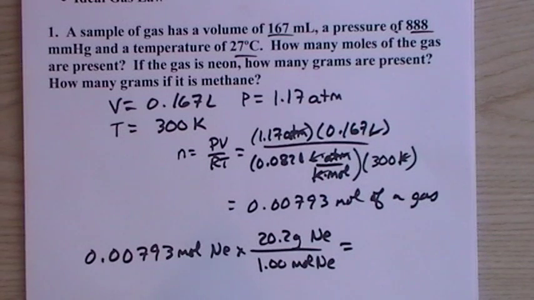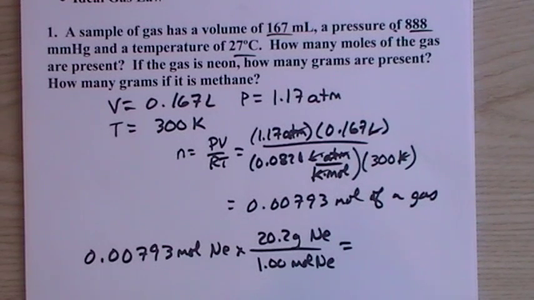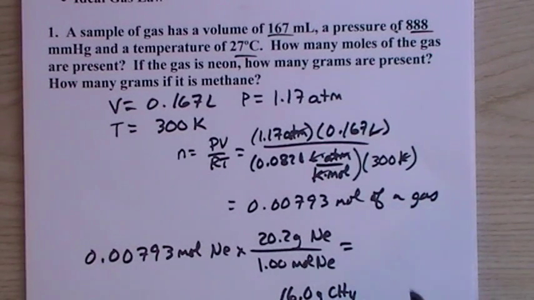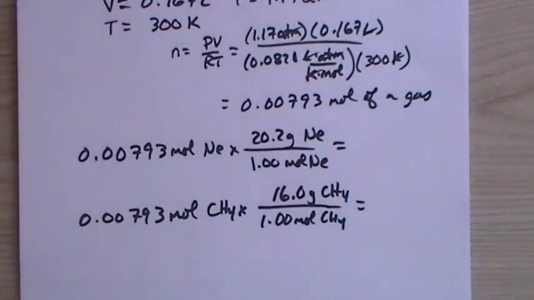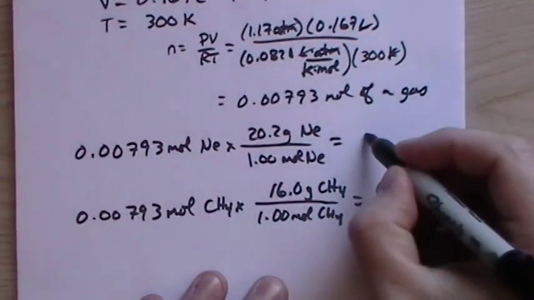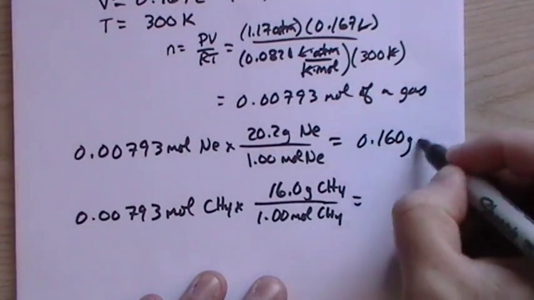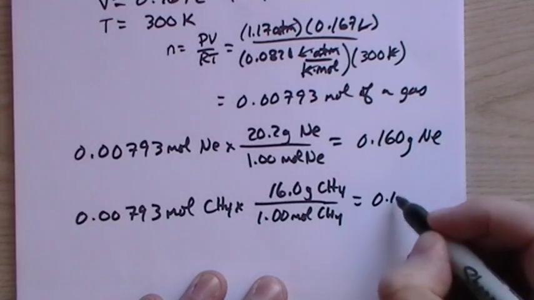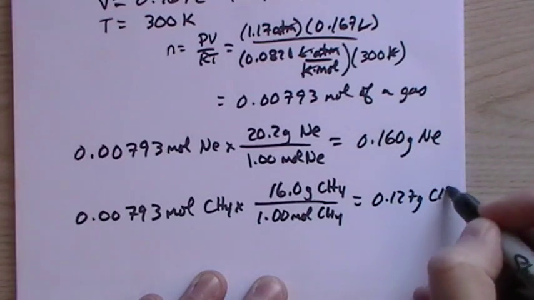And then for methane, we've used carbon and hydrogen so much that you should know 1 mole of methane is 16 grams. If not, the periodic table gives you all the information. And then we convert: this is 0.160 grams of neon, and this is 0.127 grams of methane.